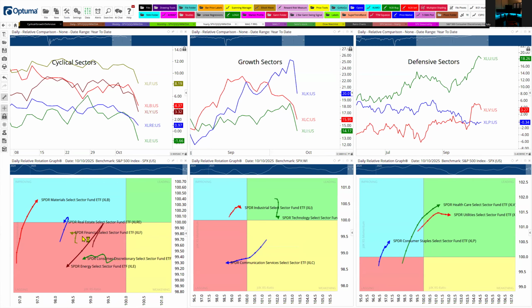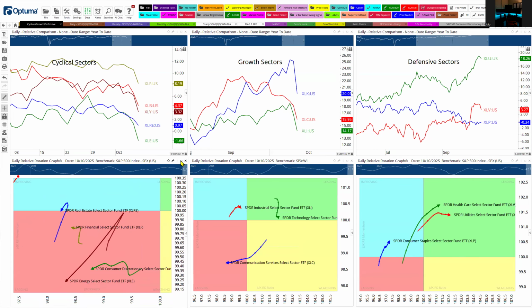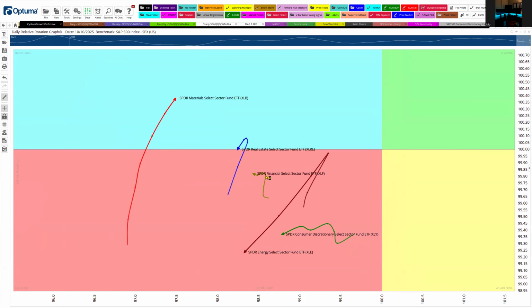Financials are the ones to watch because financials are always getting ready going into earnings season. This is the one to watch. Okay. XLF. Look at real estate, how it formed a reversal back to the downside. Real estate is starting to make a move out.